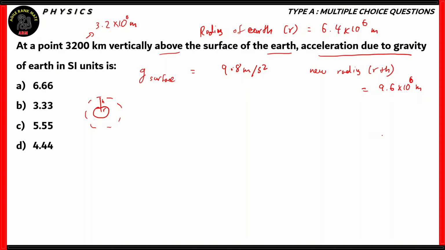And then we need to find the acceleration due to gravity at a height h. The general formula for acceleration due to gravity at a height would be equal to the acceleration due to gravity at the surface, which is 9.8, times the radius of the Earth squared divided by the new radius squared.